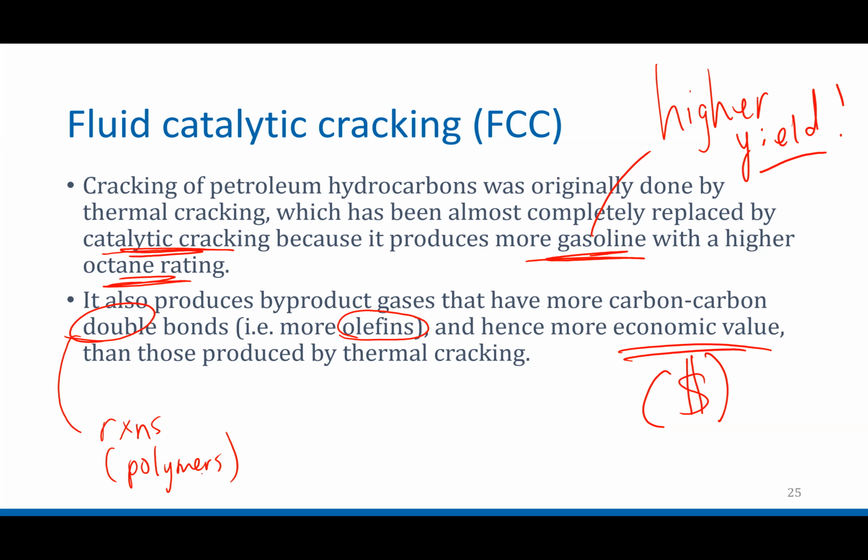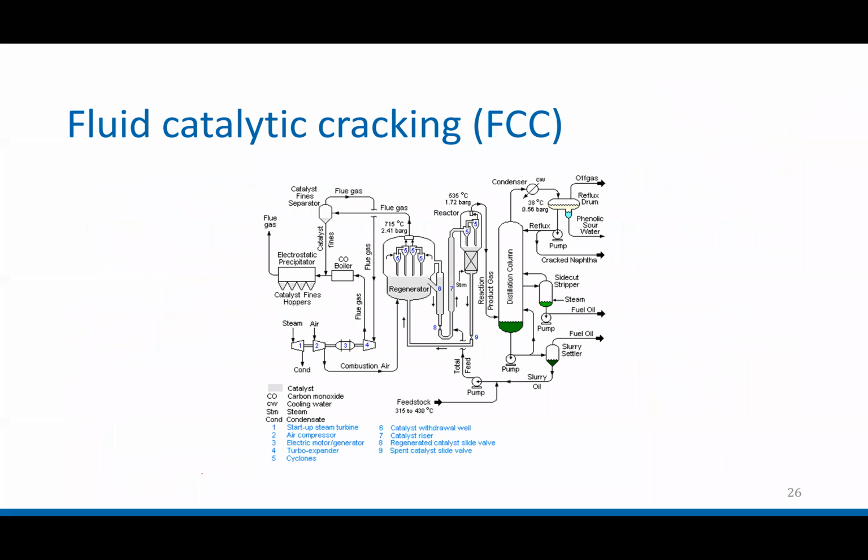So really the idea here is, if I asked you why is catalytic cracking used today over something like thermal cracking, it's all about the money. You get better product, more useful product than thermal cracking. So again, all about the money.